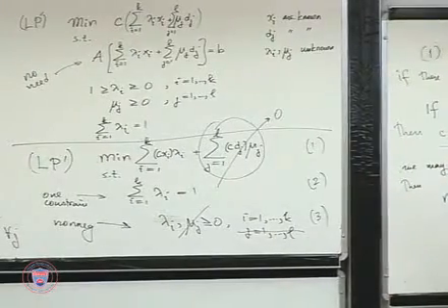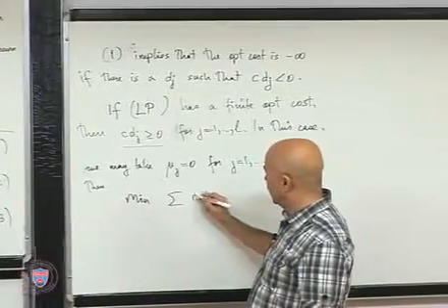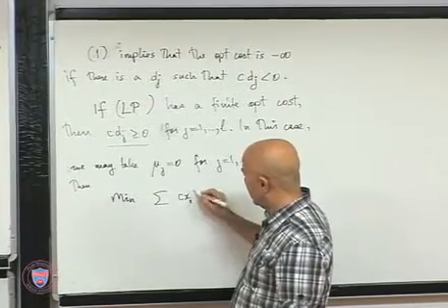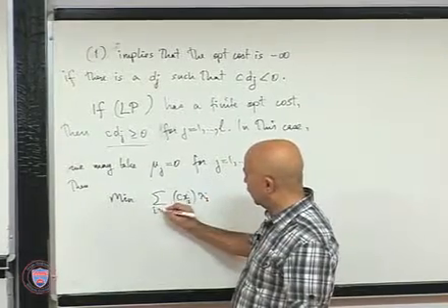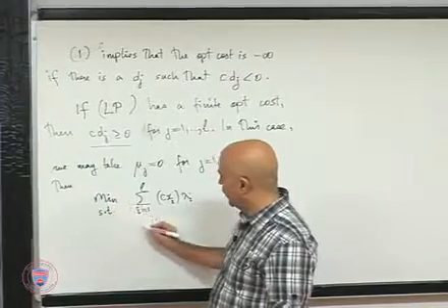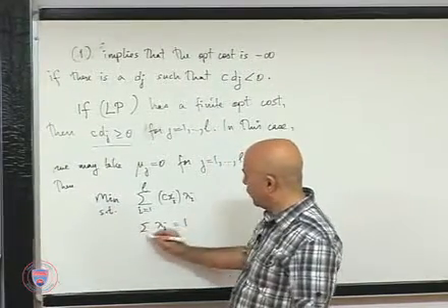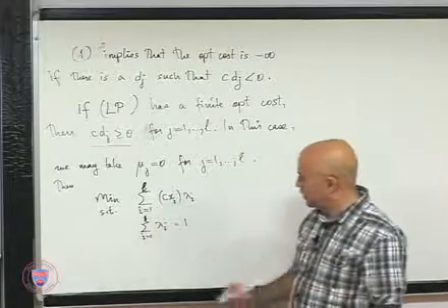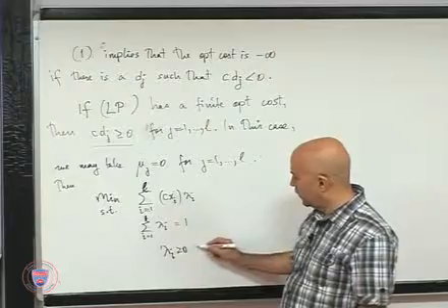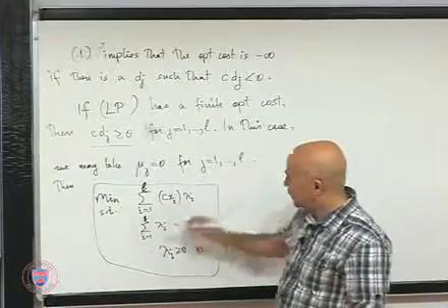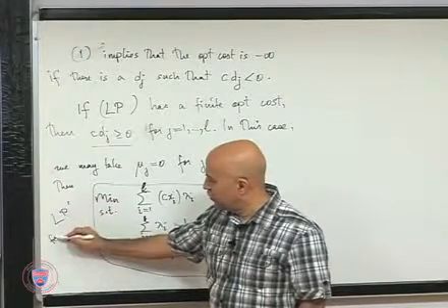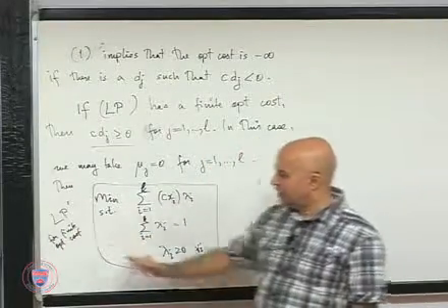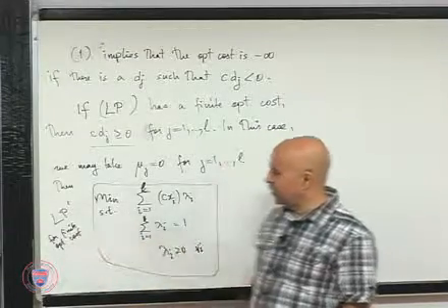And the problem reduces to the minimization of this one: C times xi, lambda i, i going from 1 to k, subject to summation lambda i equals 1, with lambda i's being non-negative. This is LP prime for the case of finite optimal cost.